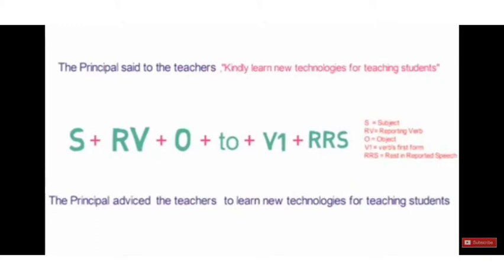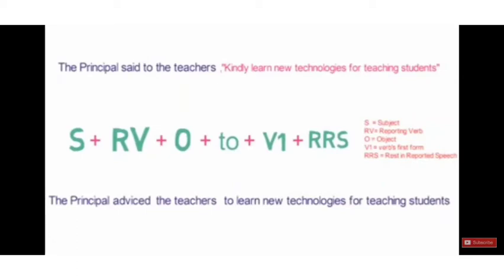Example number 3. The principal said to the teacher, kindly learn new technologies for teaching students. As usual, the structure is subject plus reporting verb plus object plus to plus verb first form plus remaining part in the reported speech. Here the subject is the principal. We eliminate the word kindly. Said to will become advised as per the rule and sense of the given sentence.